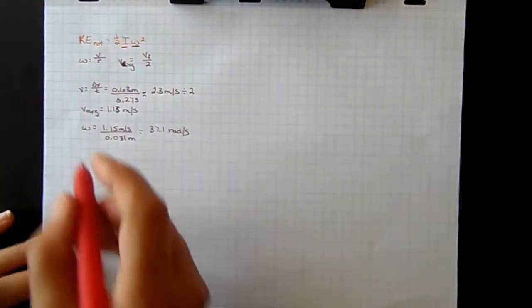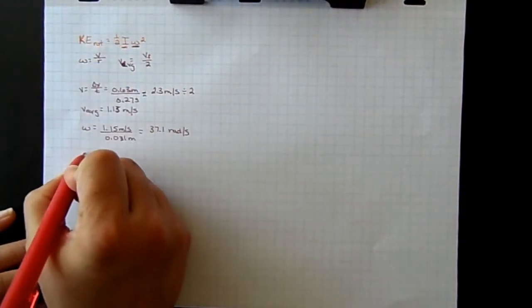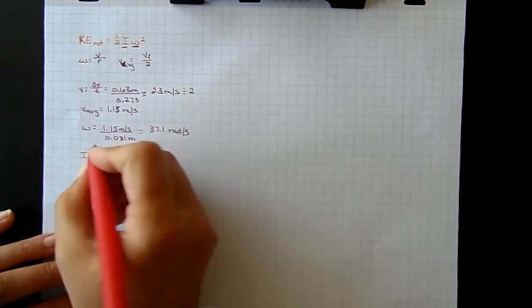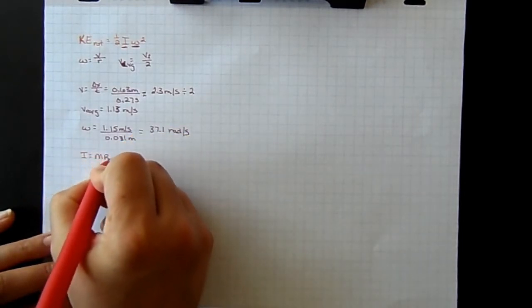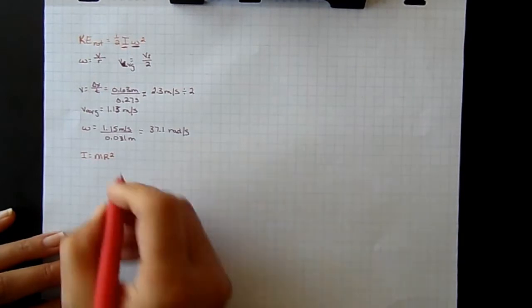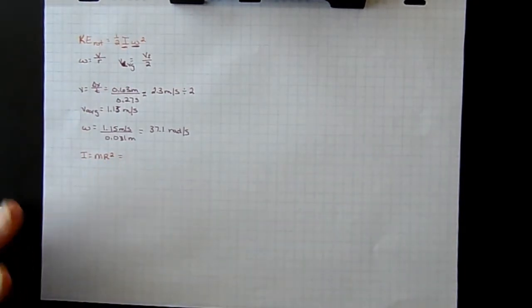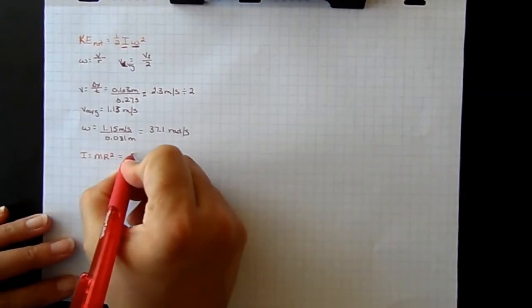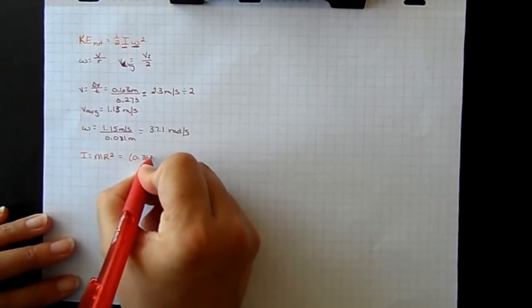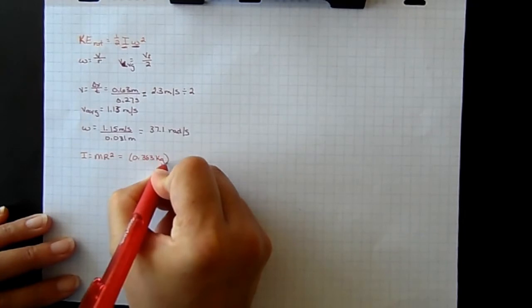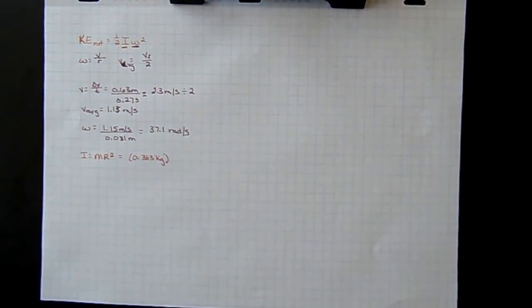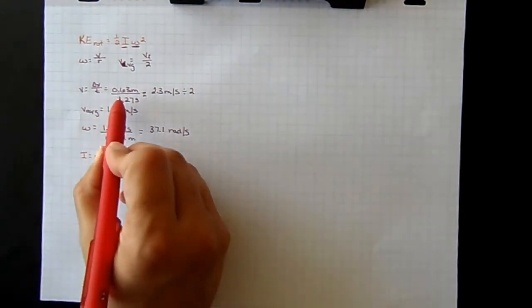So the moment of inertia for an empty can is going to be the mass times the radius squared. Now, if you weigh a pop can, it's going to be about 383 grams. So 0.383 kilograms. And my radius is up here somewhere.